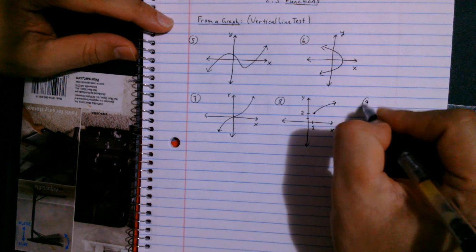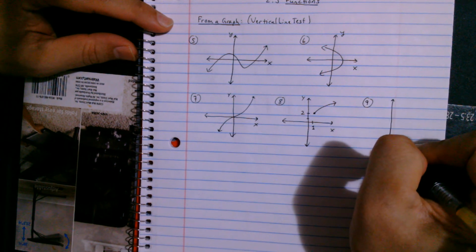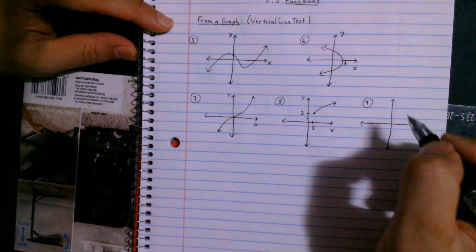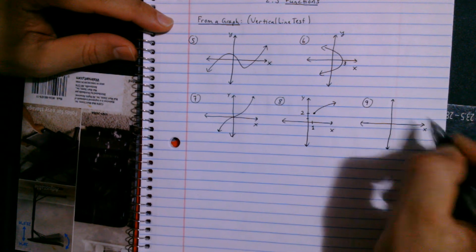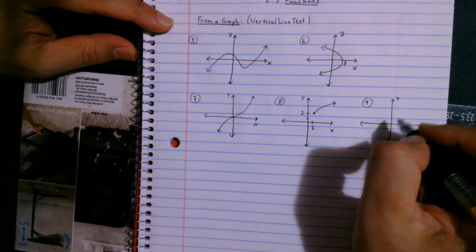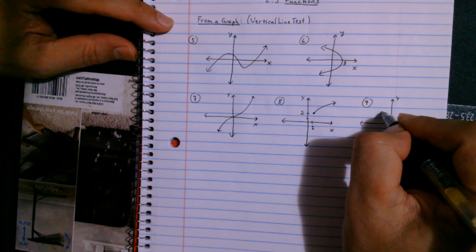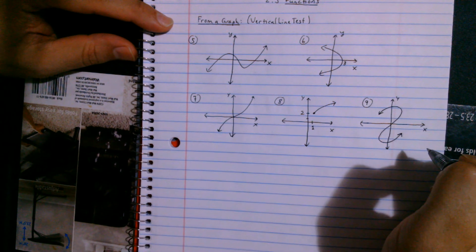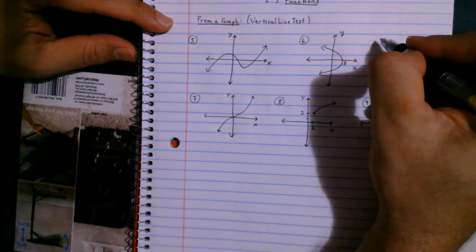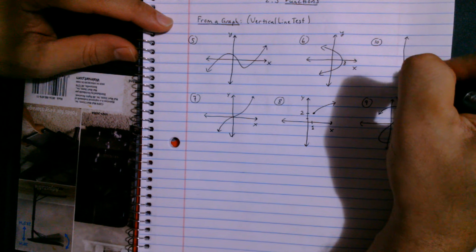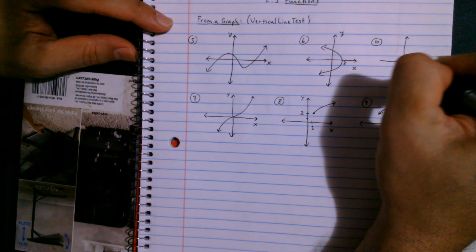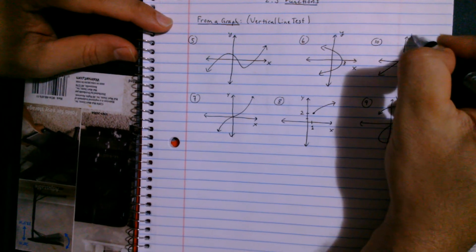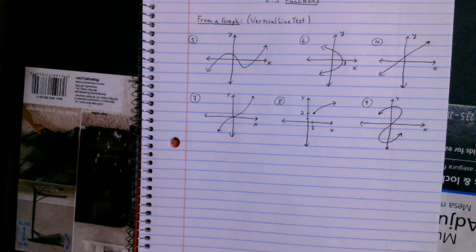And then a fifth graph. Let's say something like this. And let me throw in number 10. Let me throw one up here. I'm going to throw in 6 quick examples because this is short.